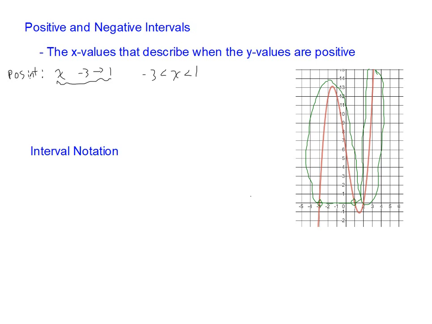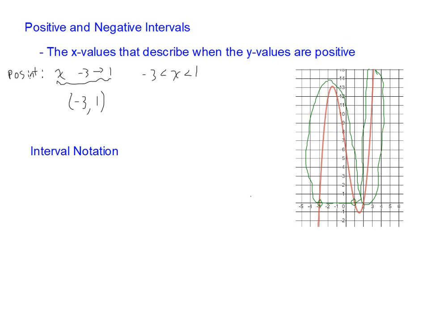Now, there is another type of notation called interval notation that you should be familiar with or become familiar with. Interval notation is a little bit weird in that it looks like an ordered pair. So if I were to write this as an interval, I write it like it's an ordered pair, saying we're going to start at -3 and we're going to finish at 1.